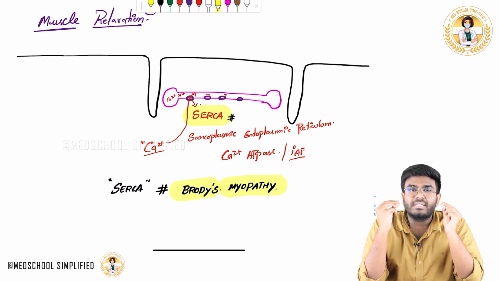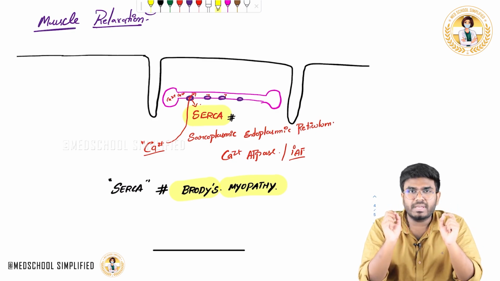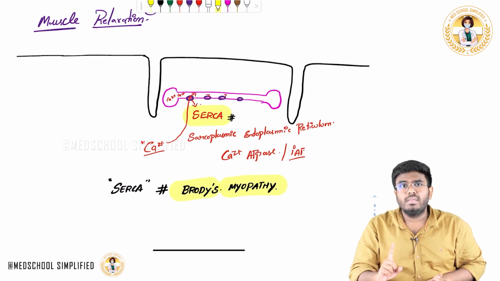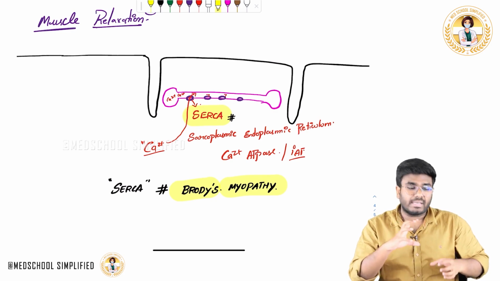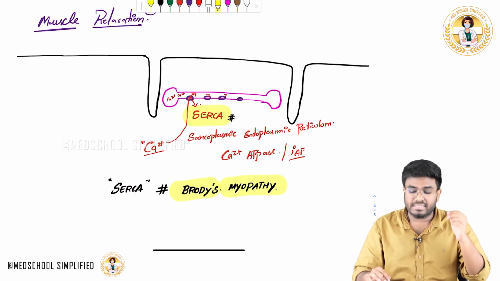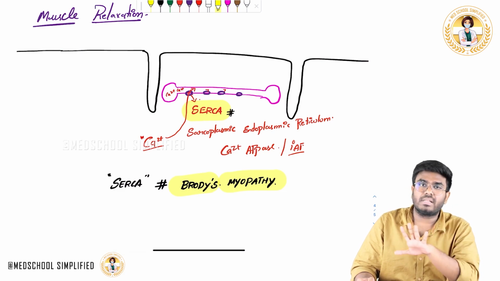Now, when a muscle membrane is depolarized, the DHPR channel, I am talking about the skeletal muscle now, is going to be activated. The DHPR channel interacts with the RYR channel mechanically, so the RYR channel will open and release the calcium. The calcium will help in the contraction, done.